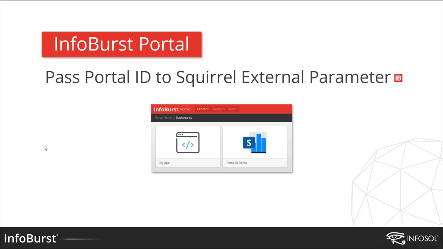This first change regards specifically Squirrel and use of the viewing user's portal ID. So the end user, to view the dashboard when it's hosted in the portal, must log into the portal, at which point InfoBurst knows the ID of the viewing user. And the dashboard designer might want to take that ID value and do something with it. So let's first look at how this is done in Squirrel, and then we'll talk about the use case practically in the InfoBurst portal.